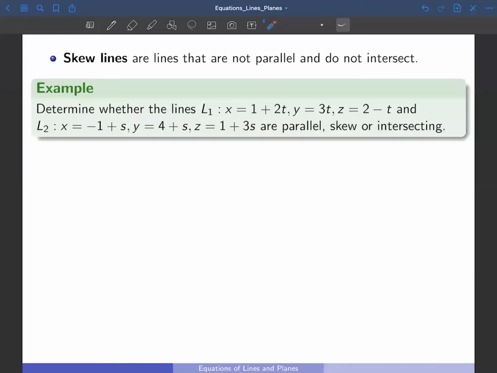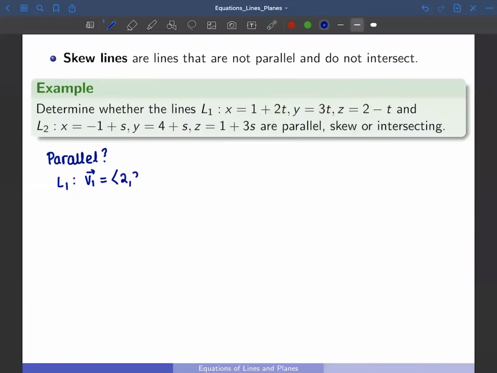So in order to determine whether the lines are parallel, we'll have to check whether the two vectors that are parallel to the lines L1 and L2 are a scalar multiple of each other. So for the line L1, the vector V1 has components 2, 3, and negative 1.